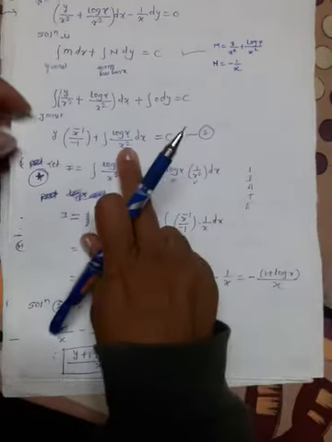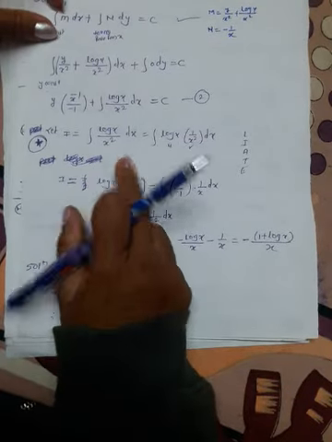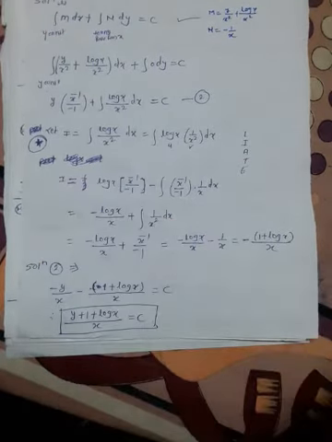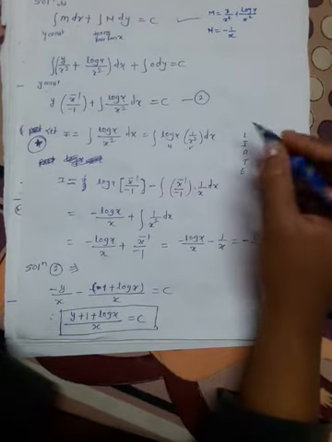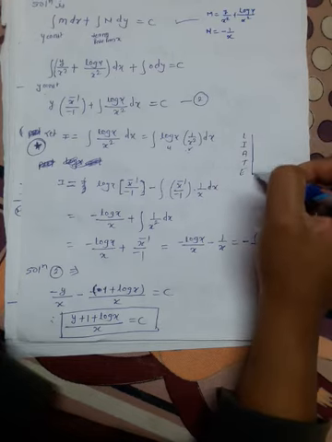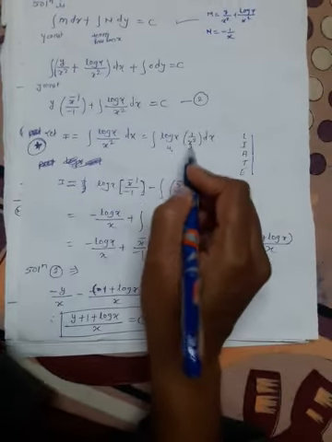Now consider this integration. Let I be equal to this integration, log x upon x square dx. Now we have to solve this integration by the u into v rule, where u and v are decided by the ILATE function. This is logarithmic, that is why it is u, and the rest is obviously v, algebraic.